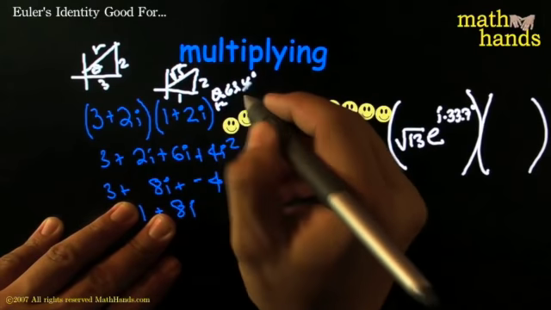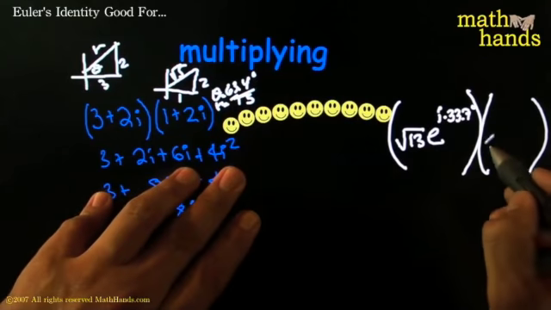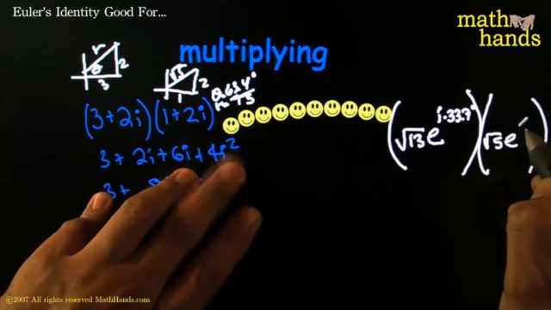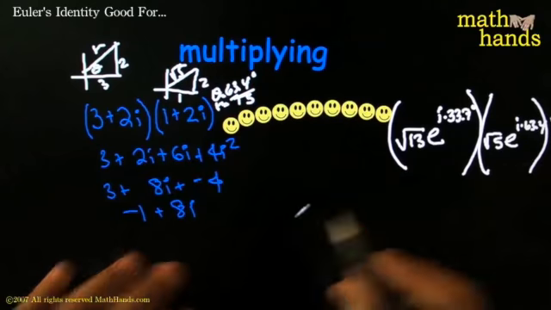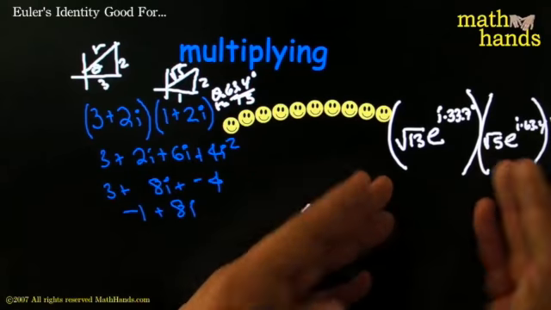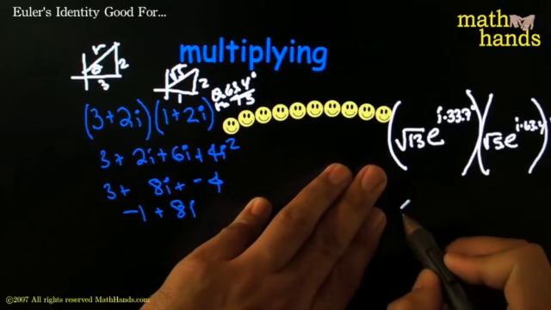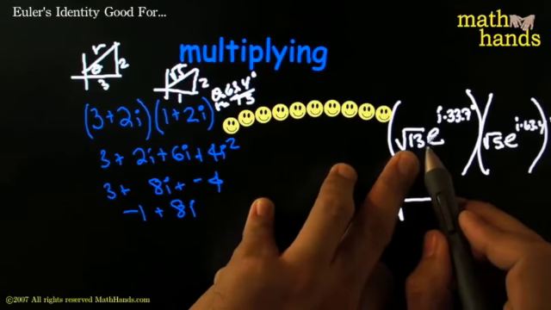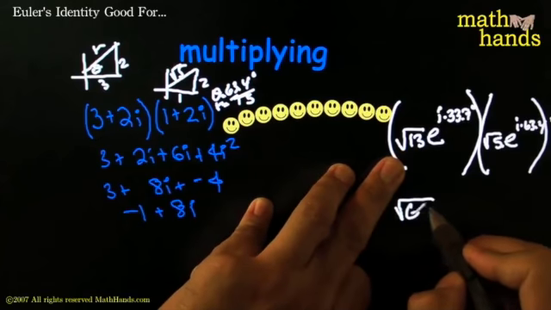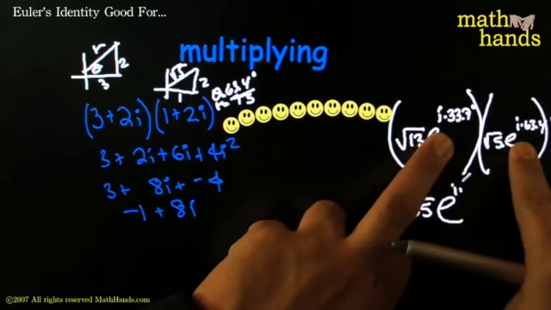The opposite is 2, adjacent is 1, so the ratio is 2 over 1, just so you see how we calculated that, 63.4. So for this one right here, the angle is 63.4 degrees, and the r is equal to the square root of 5.